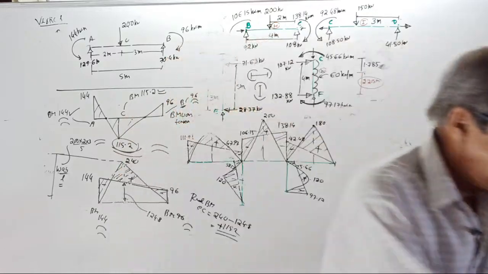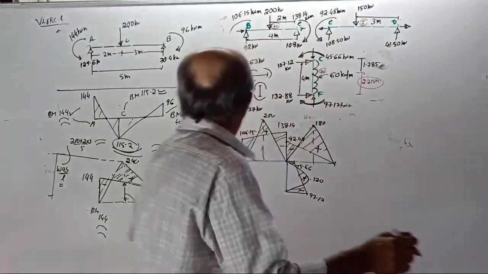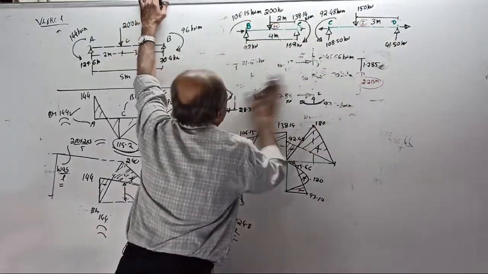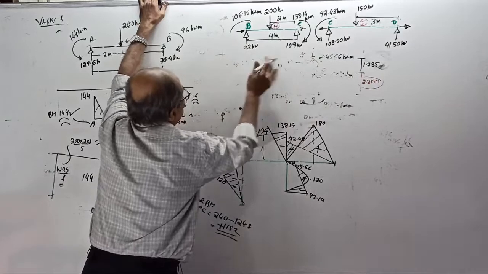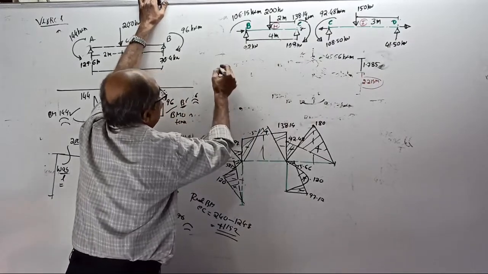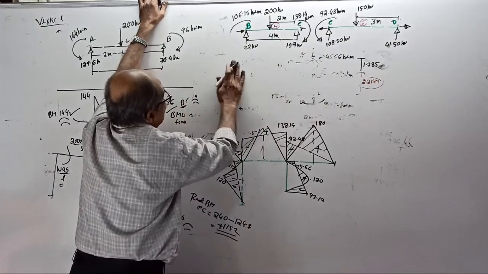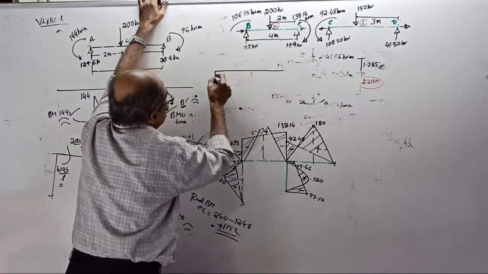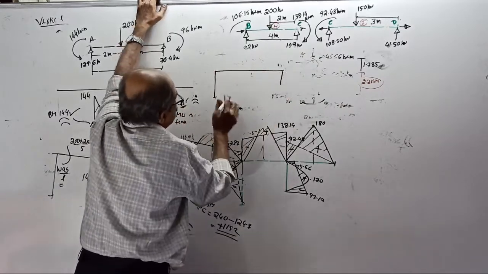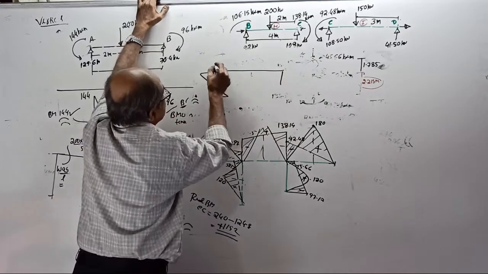Now, one minute. See, if you draw BMD on tension side, see the advantage here. Suppose, for example, for a beam, for a frame this way, suppose you draw BMD on tension side like this.